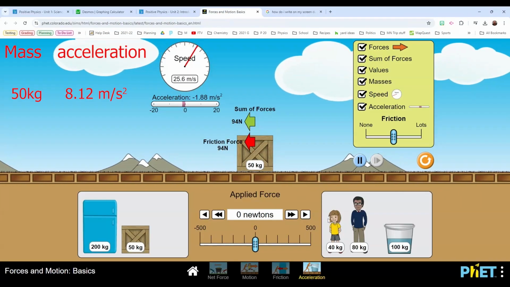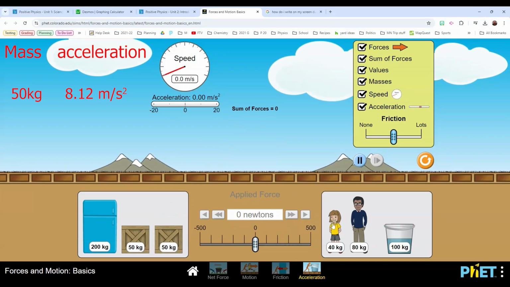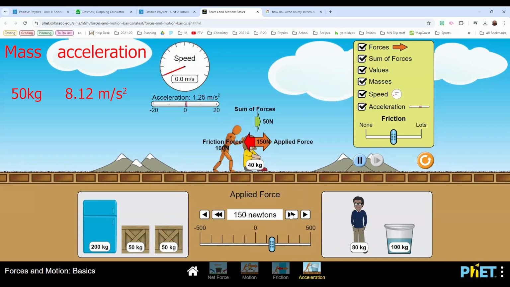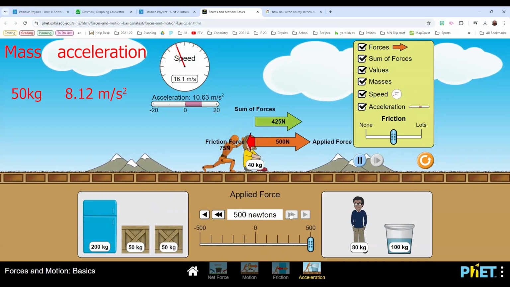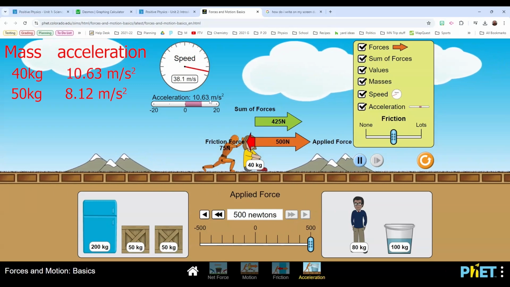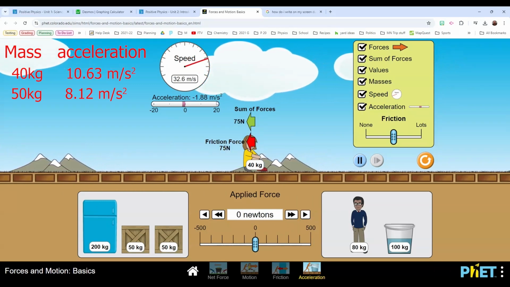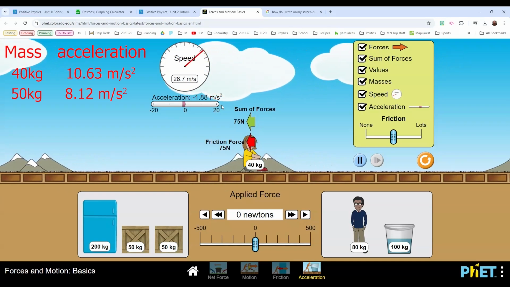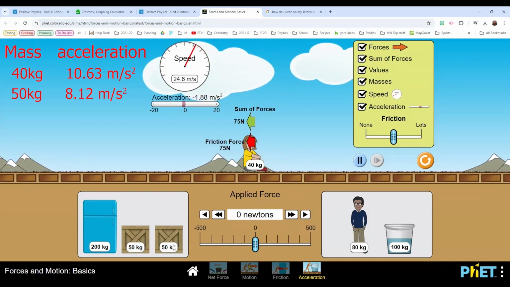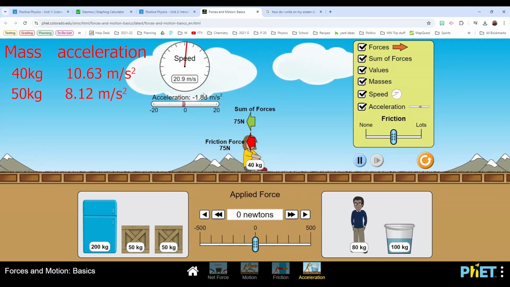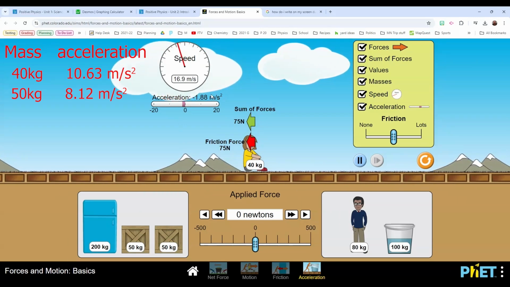Then if we go ahead and switch to a 40 kilogram object, that would give us a 10.6. So we've got 10.6 for 40. We've got 8.1 for 50. So we can see as the mass is getting bigger, our acceleration is getting smaller.